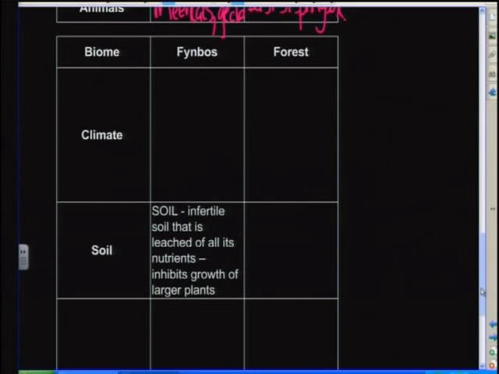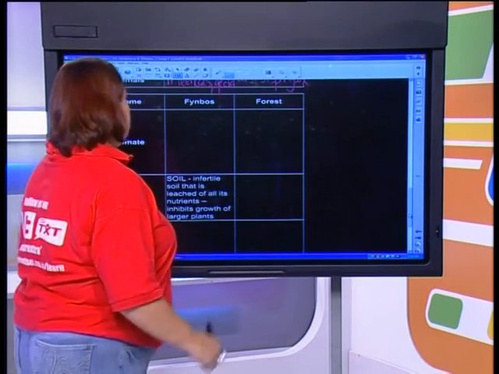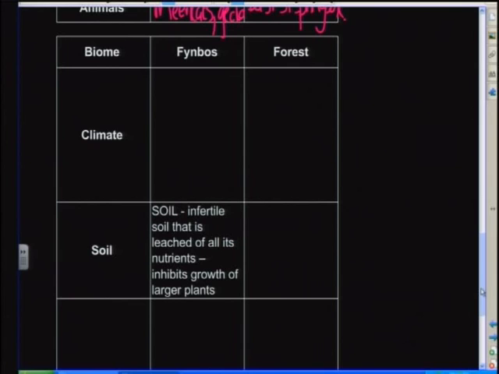Our last two that we've got, fynbos. The climate there, we think about the Western Cape. So our fynbos has winter rainfall and nice warm summers. Fires occur often.